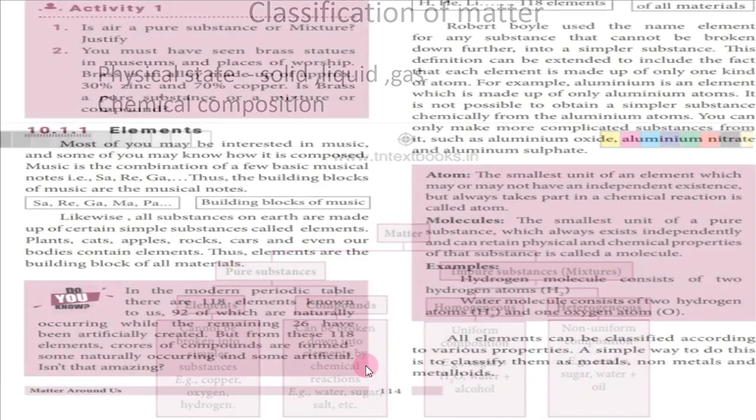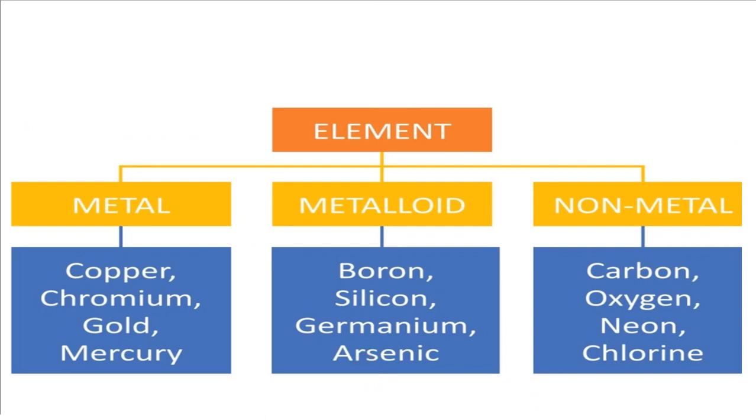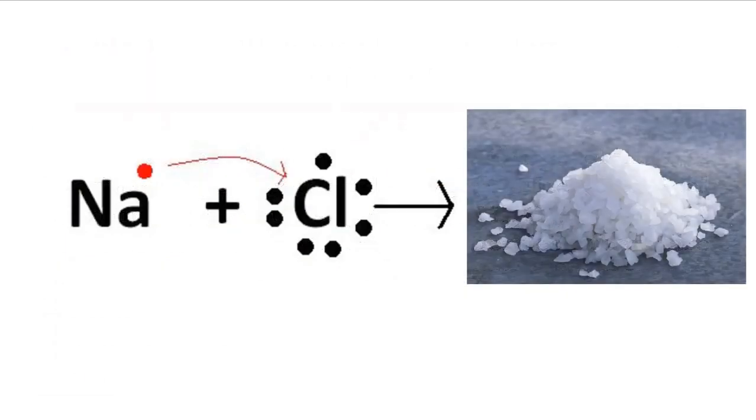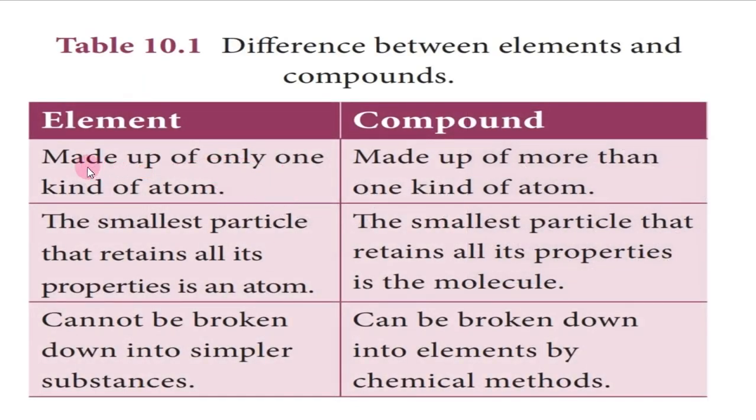So let's see the difference. Elements are made up of only one kind of atom, but compounds are made up of more than one kind of atom.